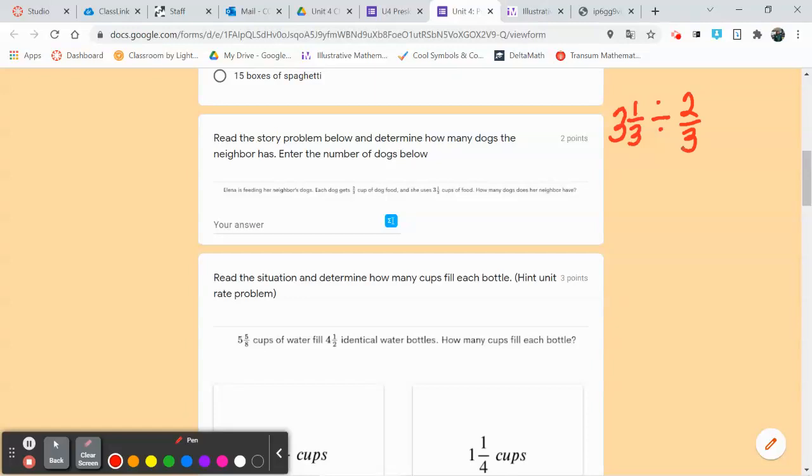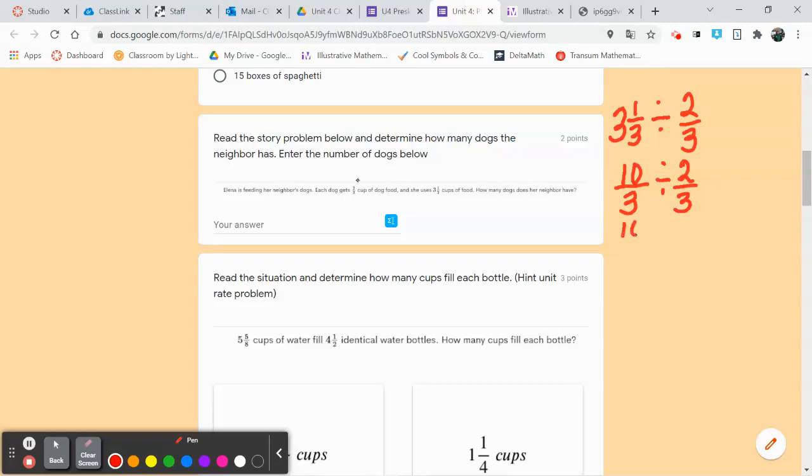All right, second divided by the first there. Now, the first thing I need to do is make that an improper fraction. Keep the same denominator to get the new numerator. You do the denominator times the whole number plus the top. 3 times 3 plus 1 is 10. Divided by 2/3. We don't divide by fractions. We do keep, change, flip, or we multiply the fraction by its reciprocal.